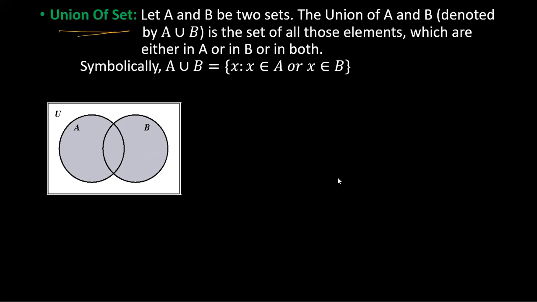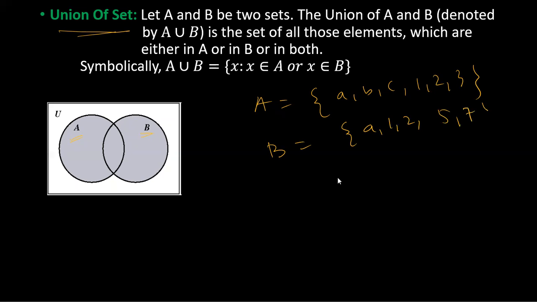For example, if we take A and B, two sets, A union B is the set of all elements in A or in B. Let's say A equals {a, b, c, 1, 2, 3} and B equals {a, 1, 2, 5, 7}.